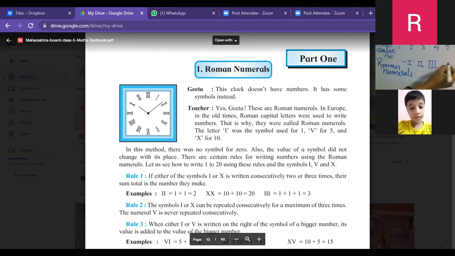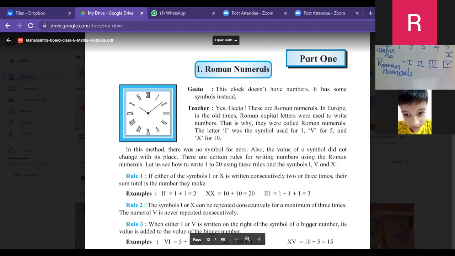Now 5. For 5, what can you write? V, correct? For 5, we are writing V. So this is your 1, 2, 3, 4, 5. As you already know, very good.